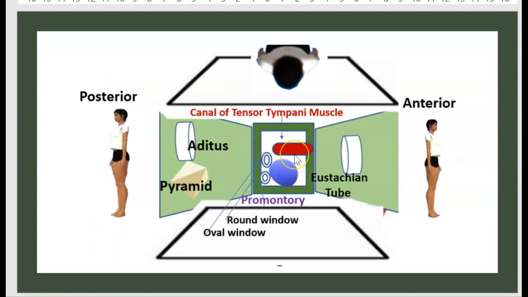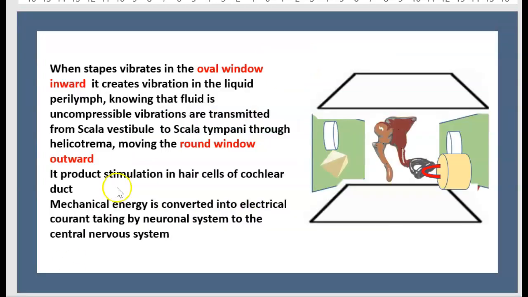Inside the middle ear, anterior wall, posterior wall, the roof, and the medial wall. From the medial wall, there is oval window, round window, and promontory. When stapes vibrate in the oval window inward, it creates vibration in the liquid perilymph.